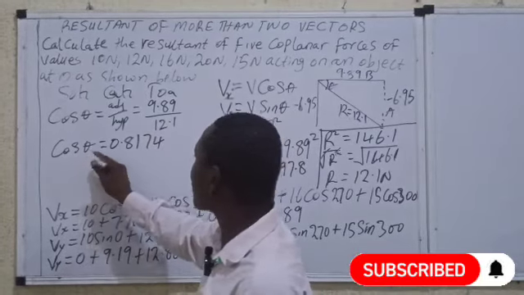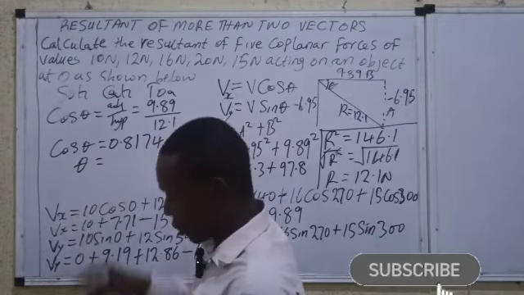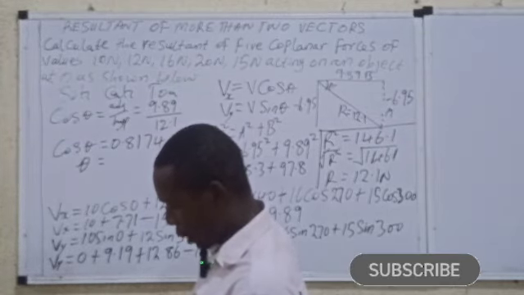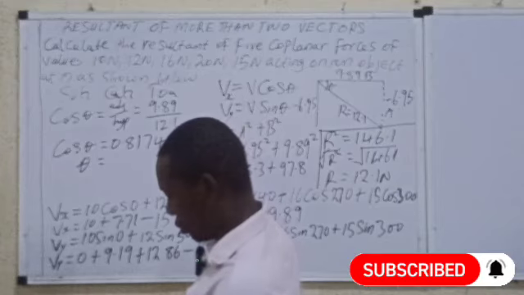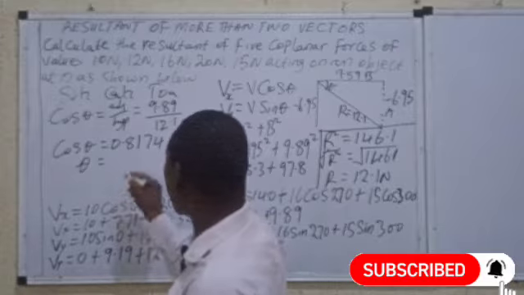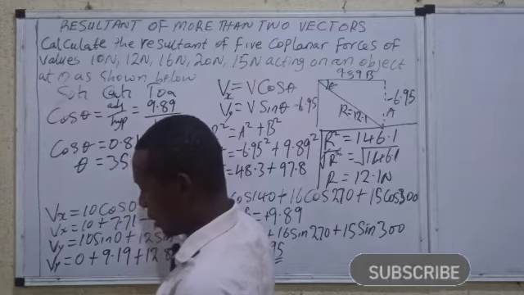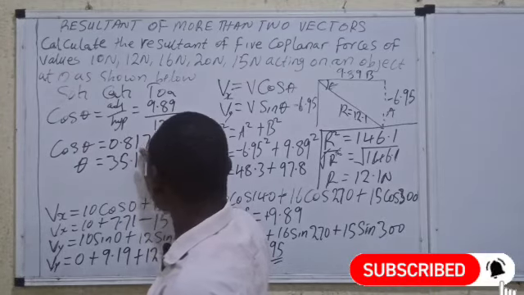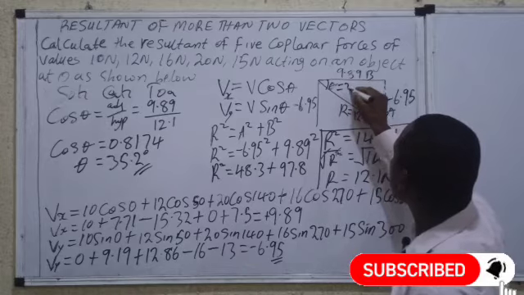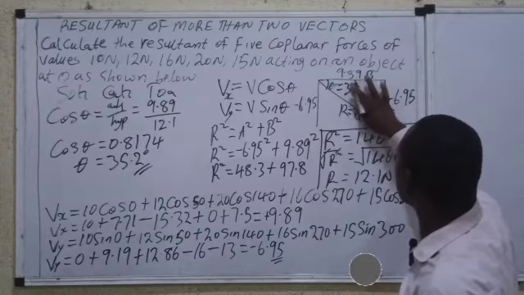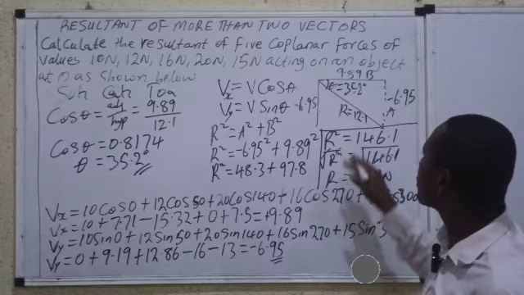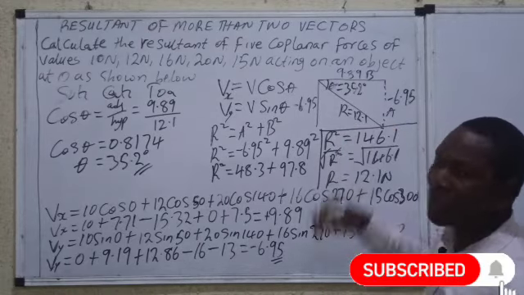So you can look for the inverse, that means theta is the inverse cos of this. You can always use your calculator to do that. So 0.8174, what is my answer? My answer is approximately 35.2 degrees. So my angle here is 35.2 degrees. So this is the answer. The resultant is 12.1 and the angle is that. So that is it.